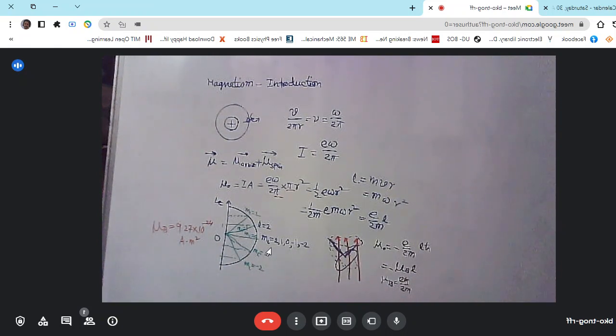Now similarly, as I have told you, this orbital and this spin angular momentum are more or less the same type.